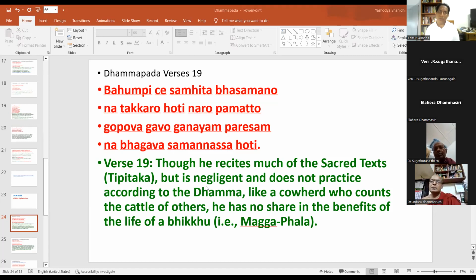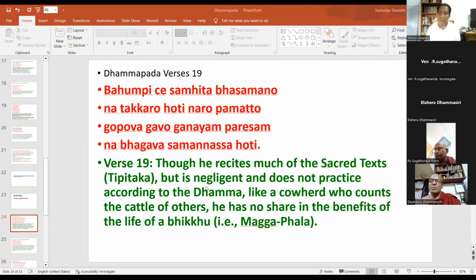This is also one verse from the Dhammapada. Bahumpiche. Though he recites much of the sacred texts, we can keep on reciting Dhamma. There are some monks who can very nicely recite these types of verses.